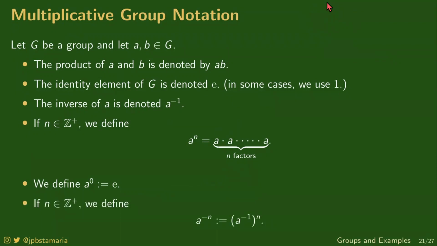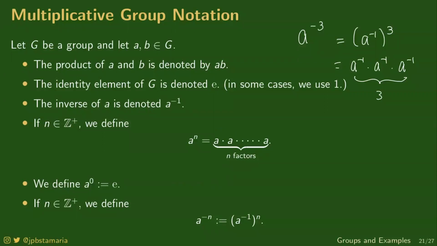Ano ba a to the negative 3? Ang meaning lang niyan ay yung A inverse, uulitin mo ng 3 beses. Meron kasing meaning yung A inverse in a group, di ba? Yun yung ibig sabihin ng A to the minus 3.